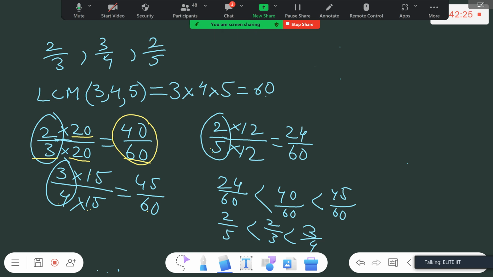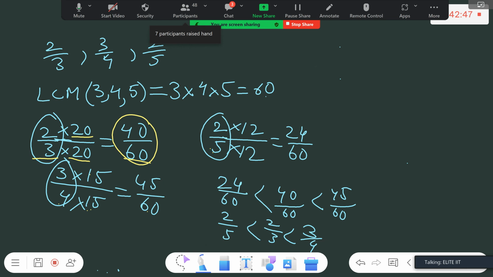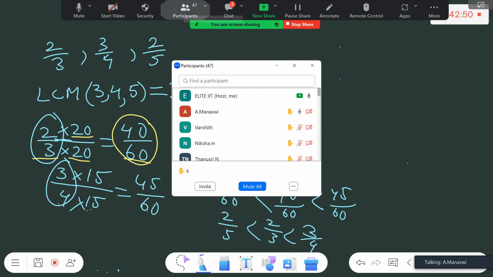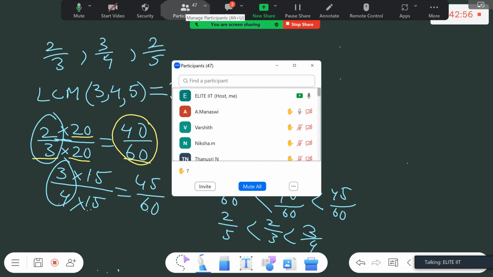Yeah, in this thing, first of all, what did you do in comparison of fractions? Since the denominators are not the same, we'll be making them all like fractions, isn't it?